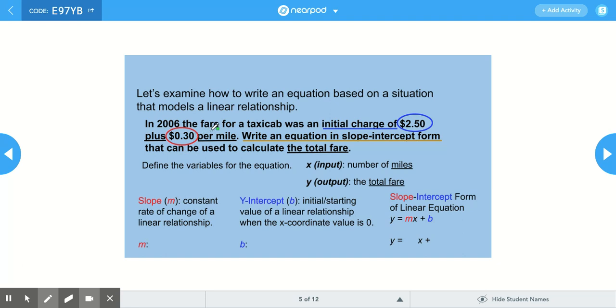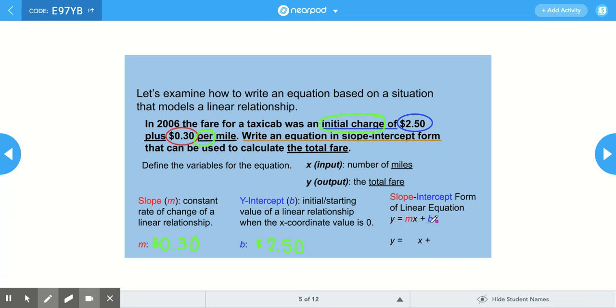Our keyword for slope is the word per. So we know that our slope is actually going to be 30 cents. Our y-intercept is going to be that $2.50, because our keywords were initial charge. And then we're just going to input the values into the slope-intercept form equation.